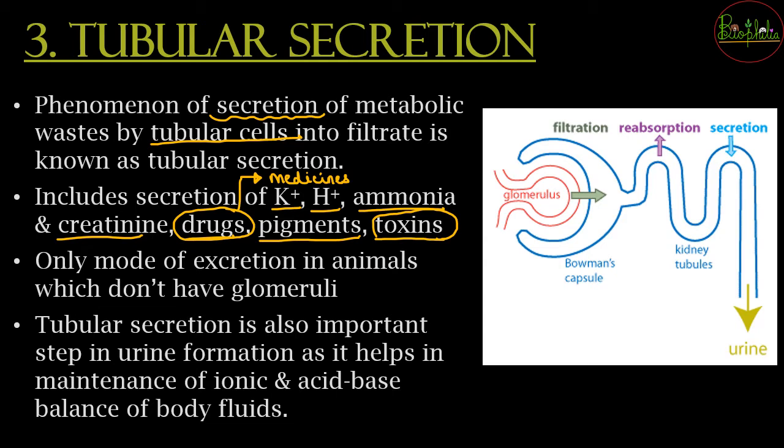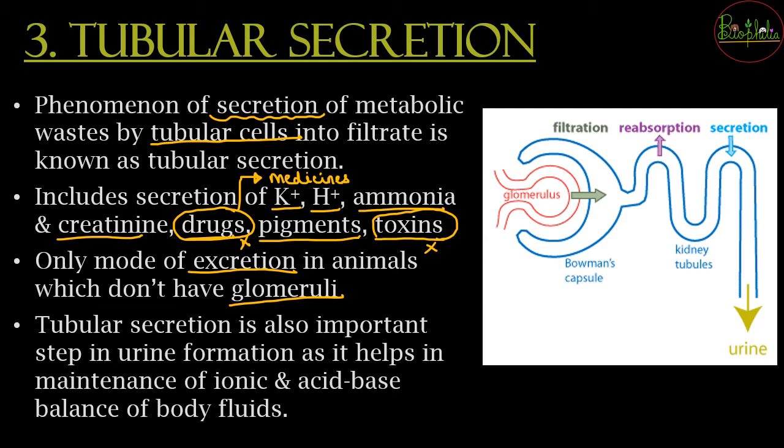Now only the mode of excretion. Drugs are not needed by the body, the toxins are not needed by the body, so it is an excretion, but this excretion is not occurring in the case of glomeruli; it occurs because of the secretion through the tubular cells.